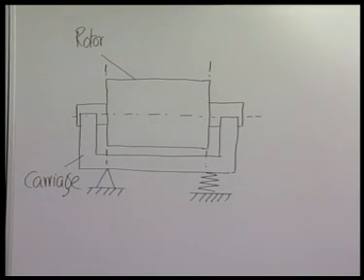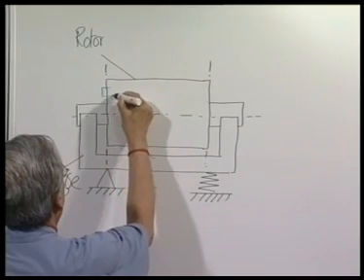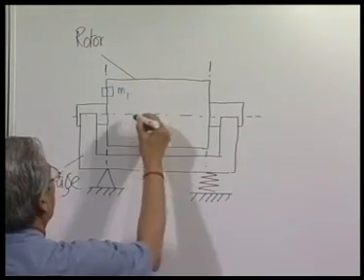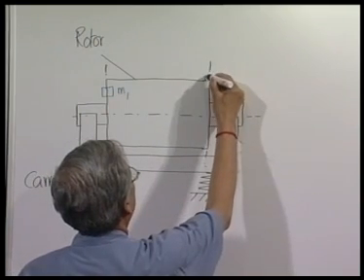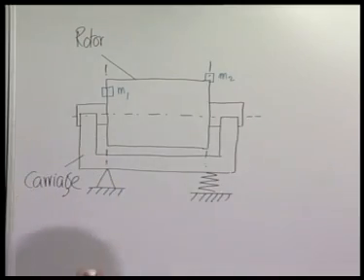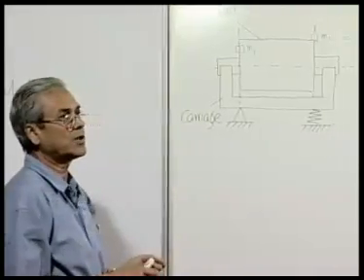If that be the case, say this is some mass m1 and say some mass here m2, these two masses make a complete representation of the total unbalanced situation of the rotor.